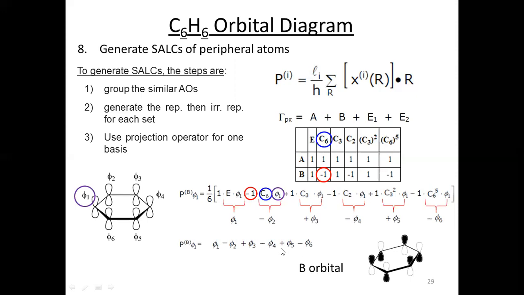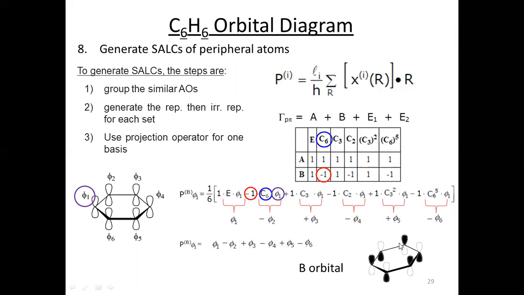Whenever I put in the orbital signs, phi1 is positive, so the positive sign will be at the upper side and the white one, your negative, will be at the lower side. You can see that phi2 has a minus sign, so the sign will be reversed, meaning the negative one will be at the upper side and positive at the lower side.